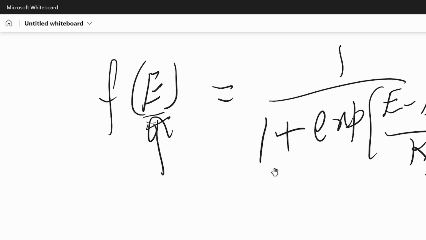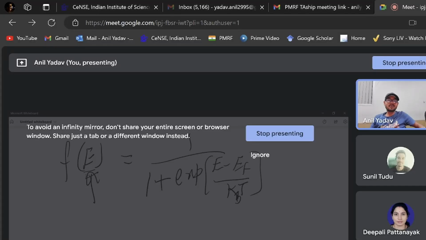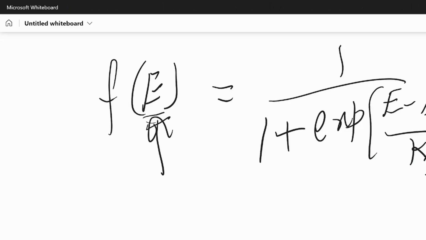In this class we will see the density of states, because we need it to see how many electrons are there in the conduction band and how many holes are there in the valence band. Whenever we talk about electrons, we always look at how many electrons are in the conduction band, because the electrons in the conduction band are the only ones moving in the lattice.